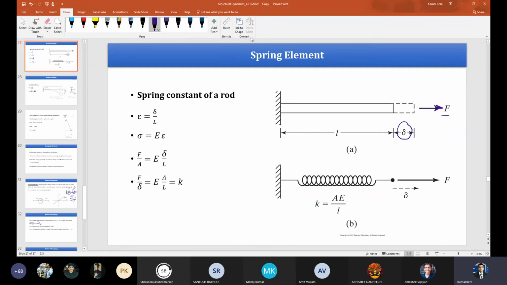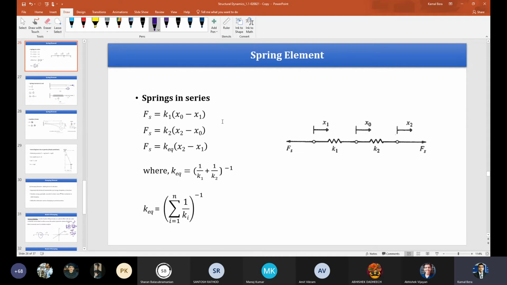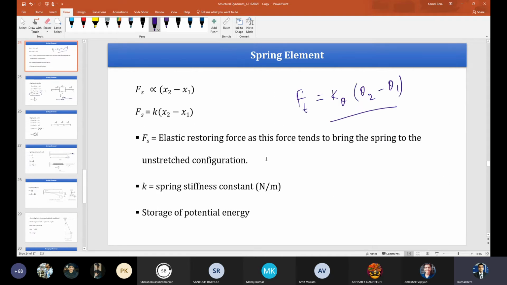How do we find the spring constant? As you already know, the spring constant is the force required to produce unit deformation. From this definition, if delta equals 1, then K is the Fs. That's the spring constant, correct?